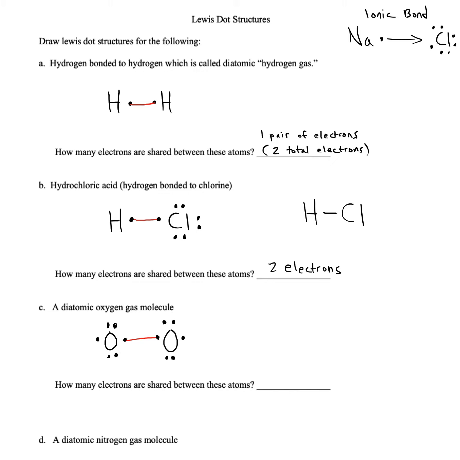So what we'll do is rearrange things a little bit. We will form a second bond between the oxygens. If we want to draw it in a simpler way, we can do O and 2 lines between them.